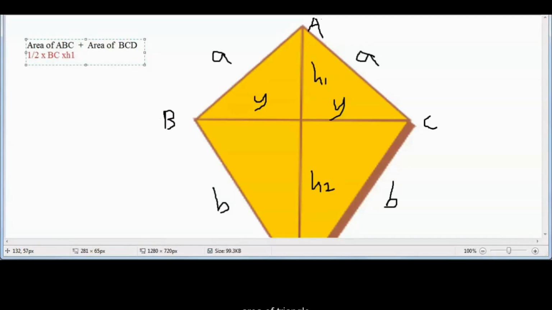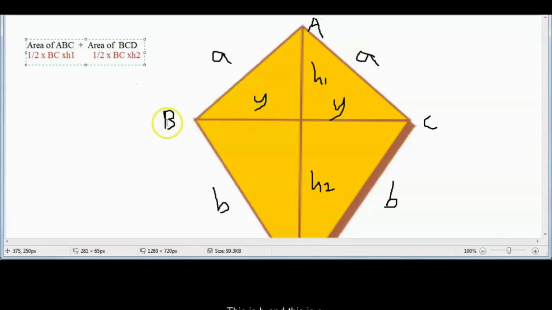Area of triangle BCD should be half times BC times H2. From the diagram, the length of BC is the same as the two Y's.